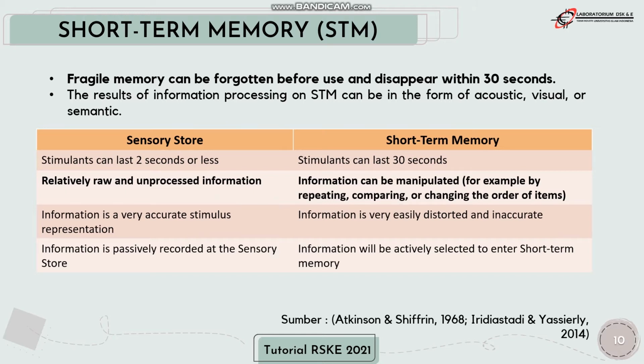And then short-term memory stimulants can last 30 seconds. Second, information can be manipulated, for example by repeating, comparing, or changing the order of items. Information is very easily distorted and inaccurate, and information will be actively selected to enter short-term memory.